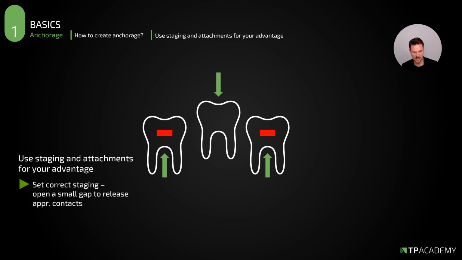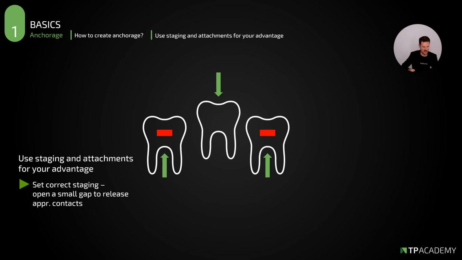This is a very good example. So we set the correct staging to open a small gap to release approximal contacts. Open contacts for movements is the best trick in digital treatment planning ever. One of the most important tricks. Why? Because if I do not open a gap, I have, let's say, compression forces.